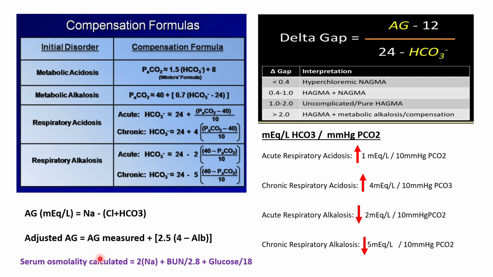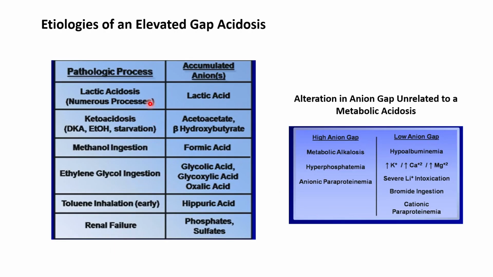This serum osmolality is significant only if you're suspecting ingestion of toxic alcohols. So you must have also the calculated serum osmolality but also the measured. Your laboratory is capable of measuring serum osmolality, and a difference of greater than 20 would more likely give you a clue for toxic alcohol.